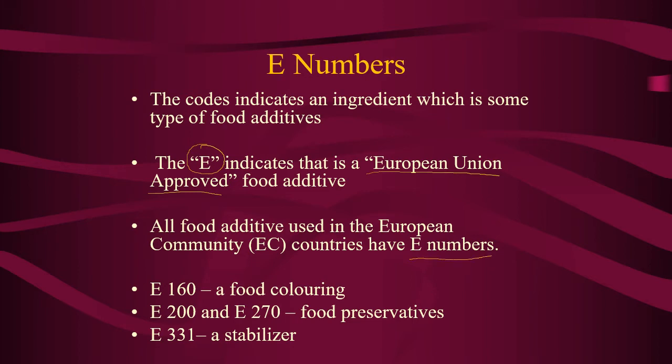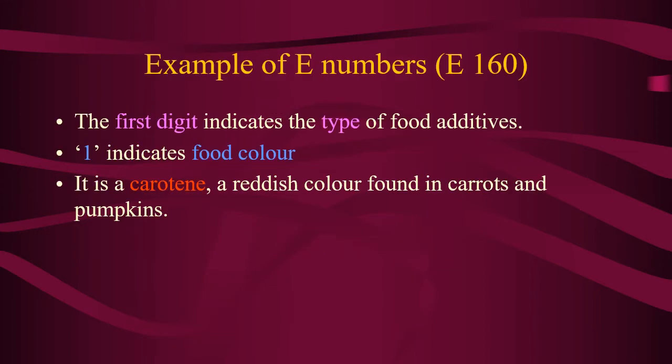For example, E160 is a food coloring, E200 and E270 are food preservatives, while E331 is a stabilizer. If we look at the example here, E160, the first digit indicates the type of food additive.